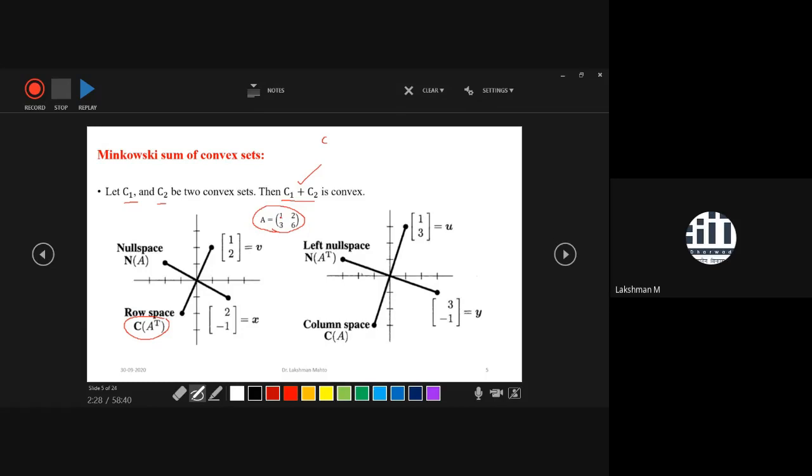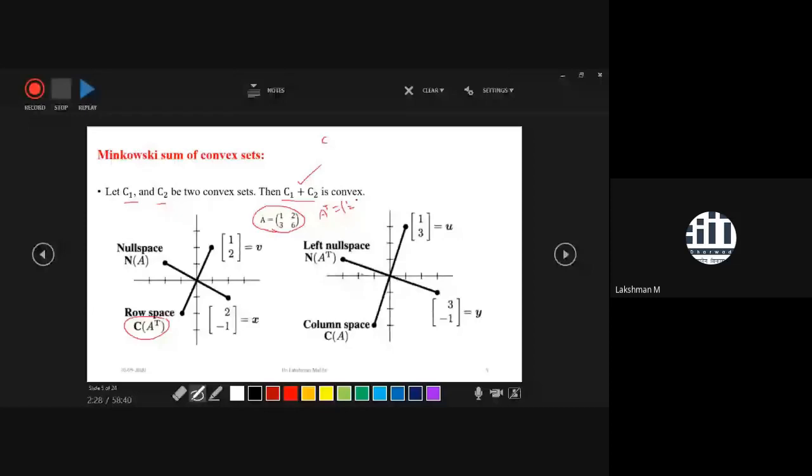So if A has first column 1, 3, 2, and second column 2, 6, then what would be A transpose? A transpose would be this matrix, where the row of A would be the first column of A transpose, and the second row of A would be the second column of A transpose.